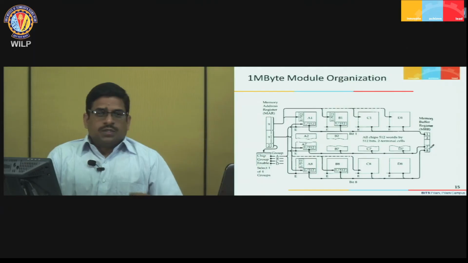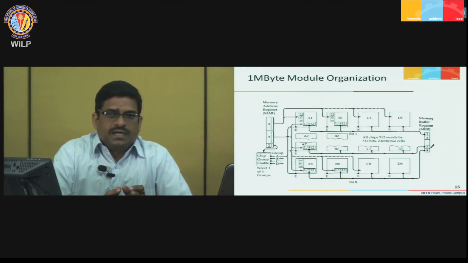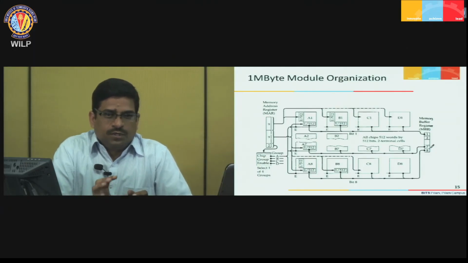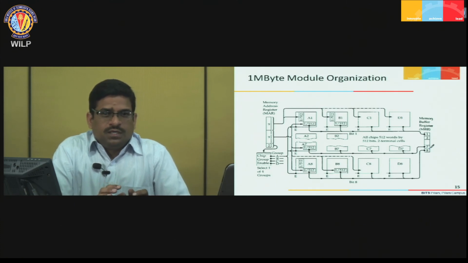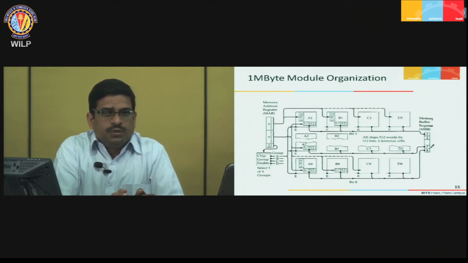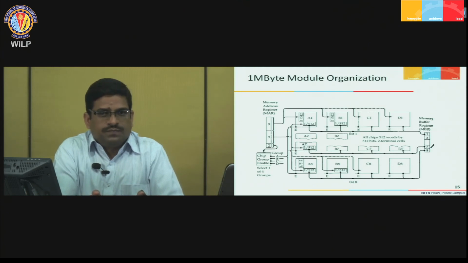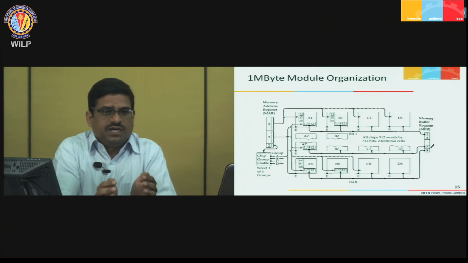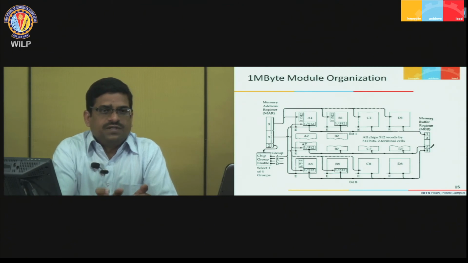Now, this 256 kilobyte module can be used to make larger modules. Can I make 1 megabyte of memory with the help of the 256 kilobyte module? Initially I started with a 512 into 512 bit chip, and 8 such chips are arranged to construct a 256 kilobyte module.